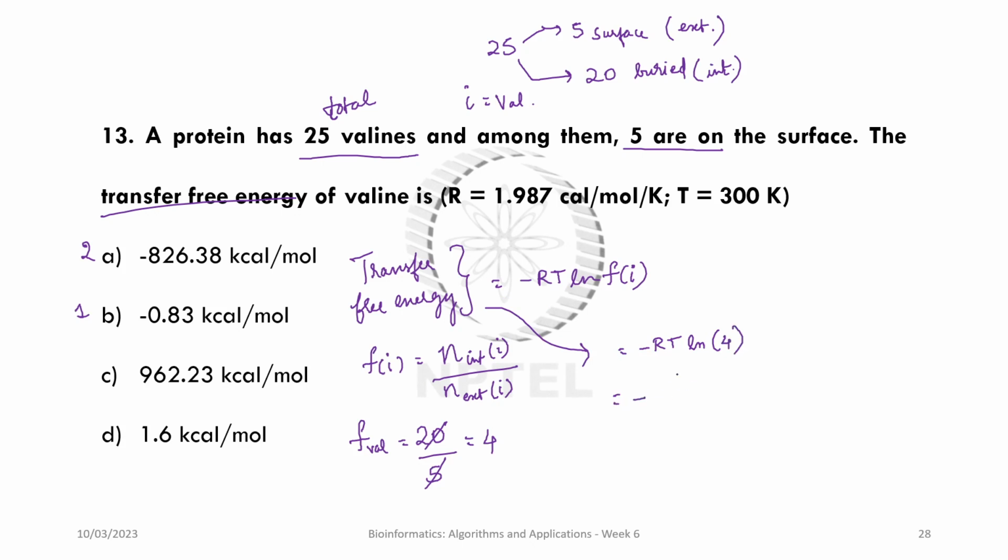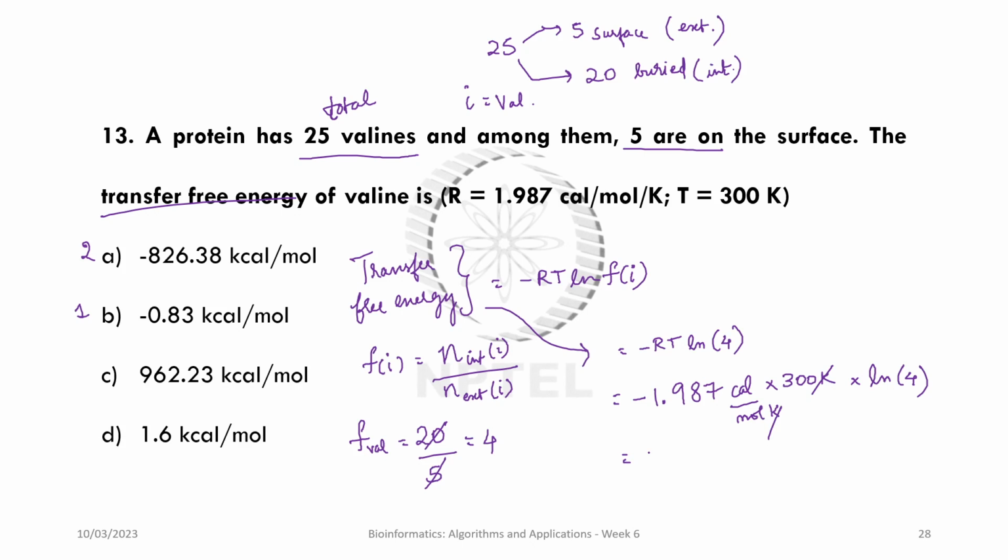So that is minus 1.987 calories per mole Kelvin into temperature 300 Kelvin, right, into ln of 4. So I'm going to use my calculator.